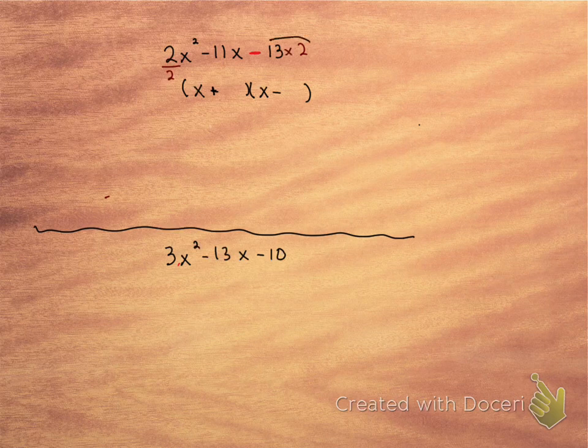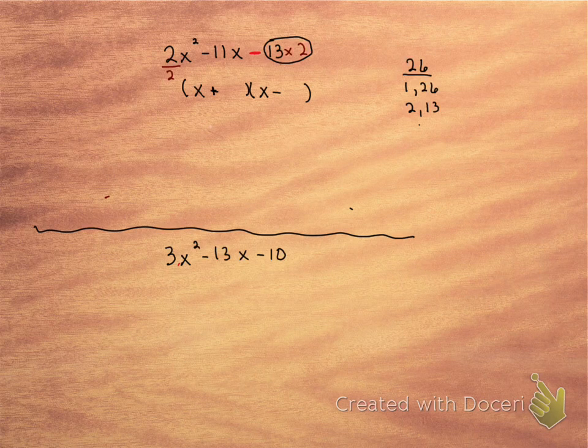All of the factors of that product, which is 26. Okay, so 1 and 26 and 2 and 13. And that's all we've got, okay?